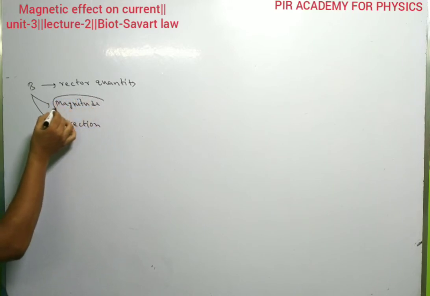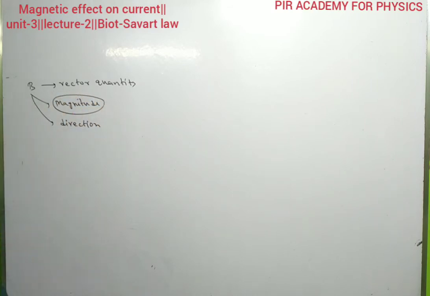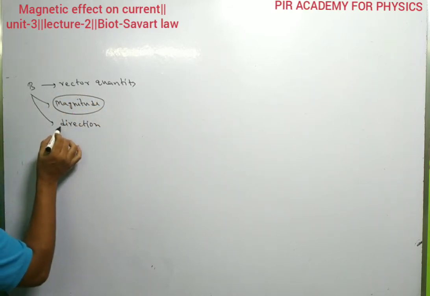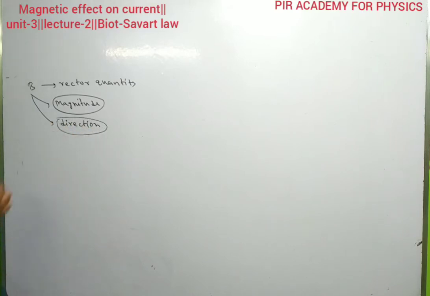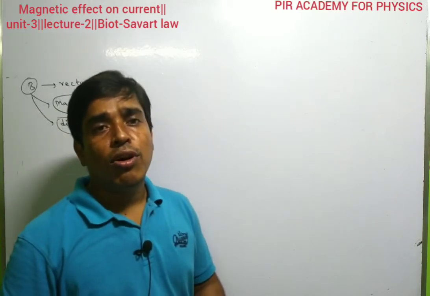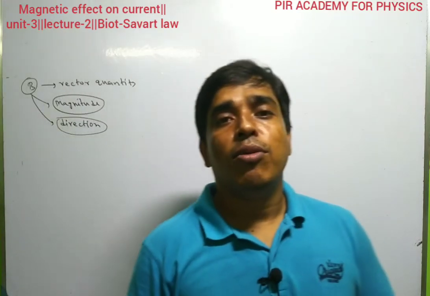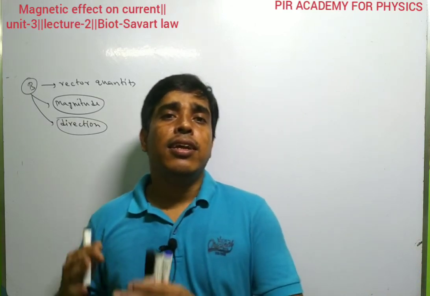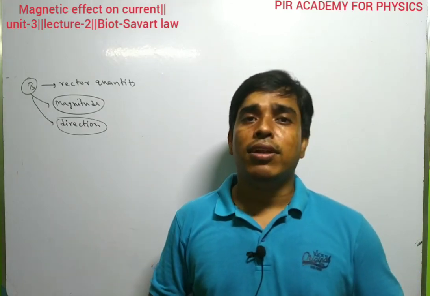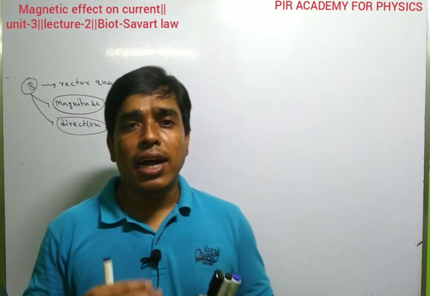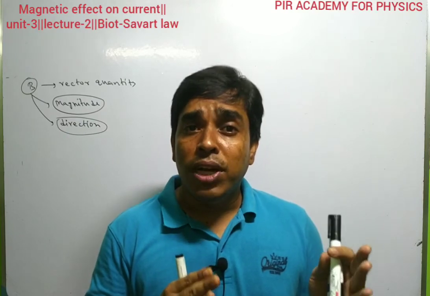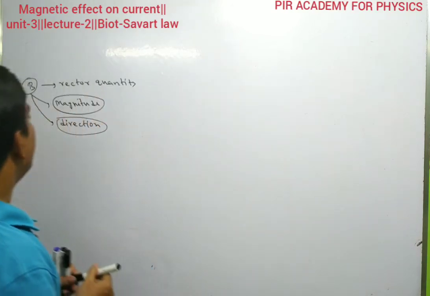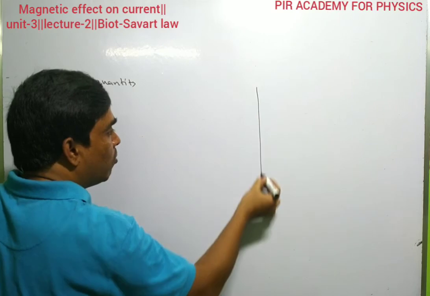We have calculated the magnitude already, but how to define the direction of the magnetic field? There are 3 or 4 laws for determining the direction of magnetic field, but I recommend using the laws of vector product.